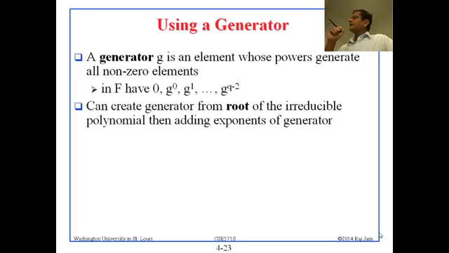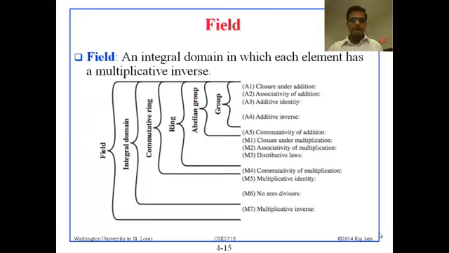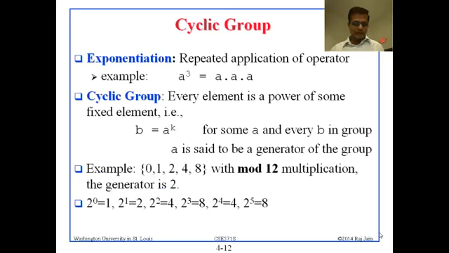The thing is there could be a root polynomial, and then as you keep taking the square and cube and fourth power of that little polynomial in mod this irreducible polynomial, you will get a number of polynomials. Those will be members of the set. So, for example, remember when we went back to this example, mod 12, you have 0 through 11.